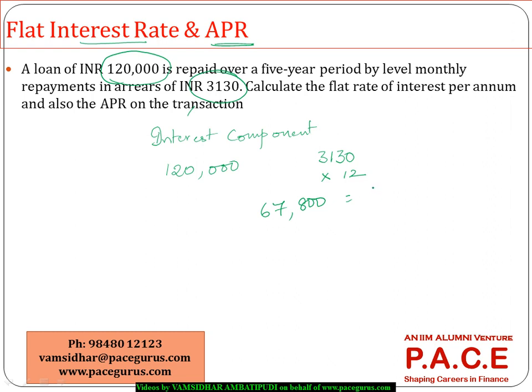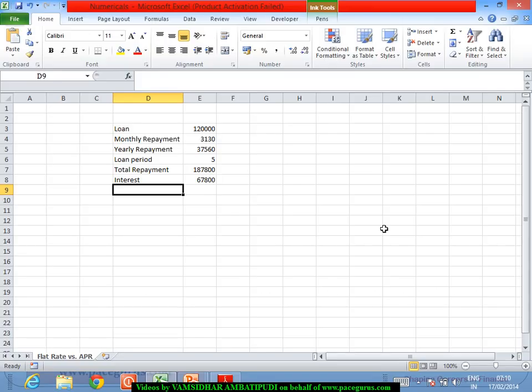PNR. The flat simple interest mechanism is what we will apply. So P, the principal, is 120,000, N, the number of periods, is 5, and R is the rate of interest per period. So the flat rate of interest in this case comes to 67,800 divided by 120,000 into 5.